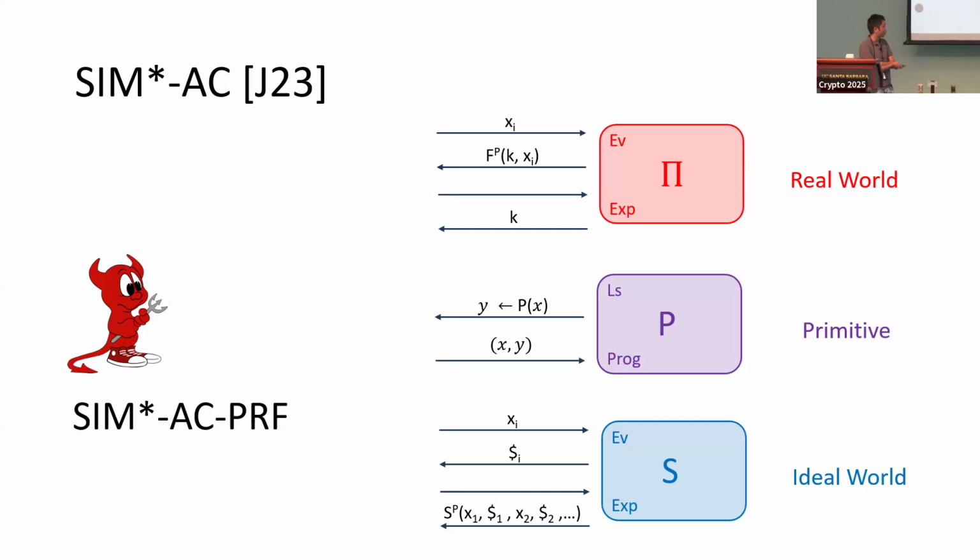The lazy sampling interface takes X and simply returns P of X. The programming interface takes X and Y and sets P of X equal to Y. So now the simulator can simply program it so that the key that is returned is indeed consistent with all these queries.